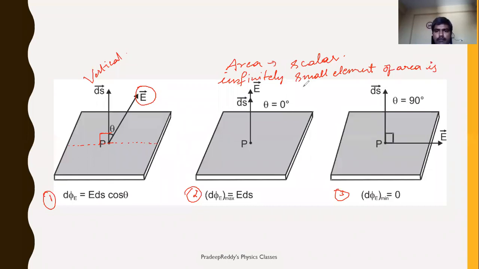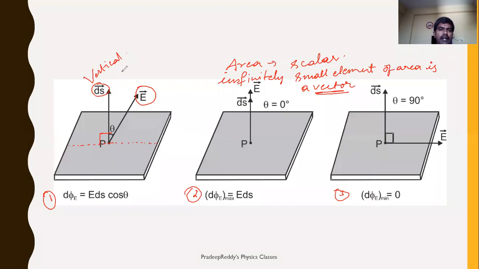Remember this thing. An infinitely small element of area is treated as a vector quantity. That is the reason why I am taking ds, right? ds is a vector quantity, and it is perpendicular to the plane of the surface area. Here the surface area is in the horizontal plane, and its vector is directed perpendicular to that, so this will be vertical, right?